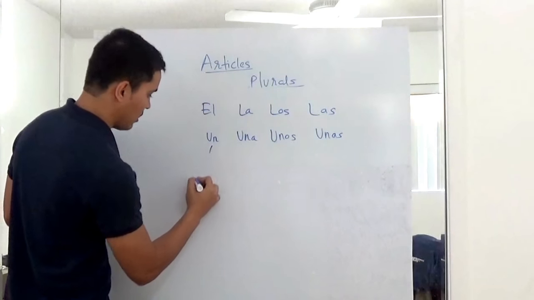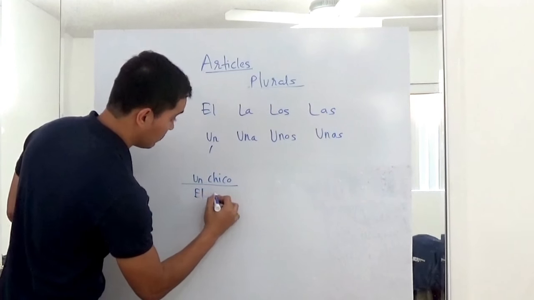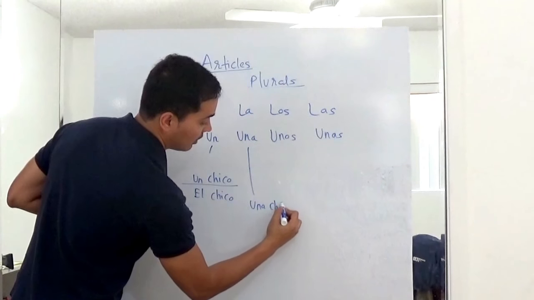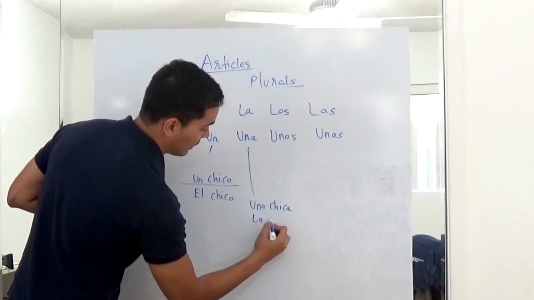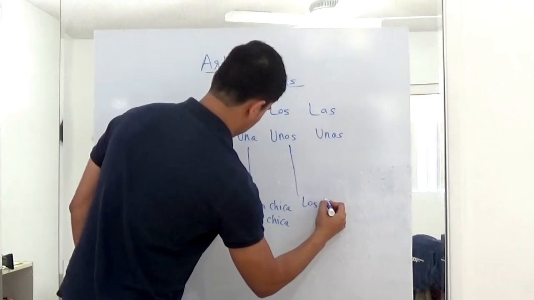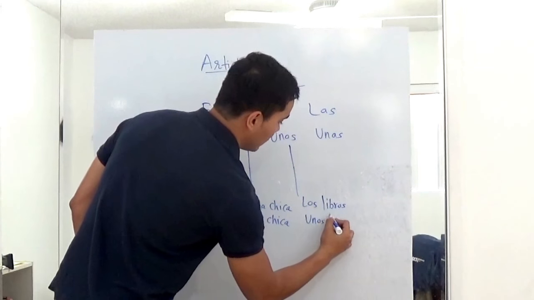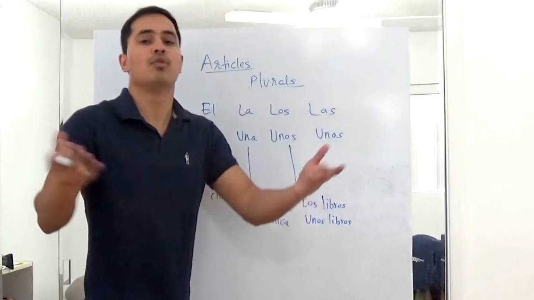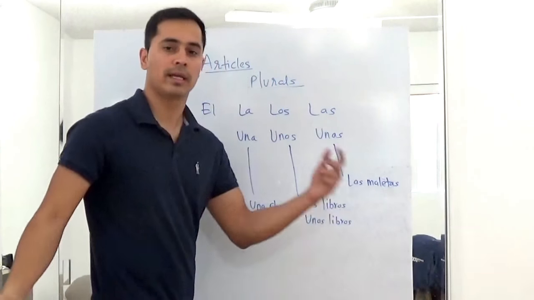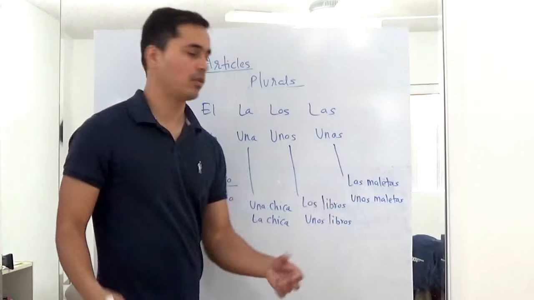Un chico, a boy. El chico, the boy. Una chica, a girl. La chica, the girl. Los libros, the books. Unos libros, some books or a few books. Las maletas, the suitcases. Unas maletas, a few suitcases or some suitcases.